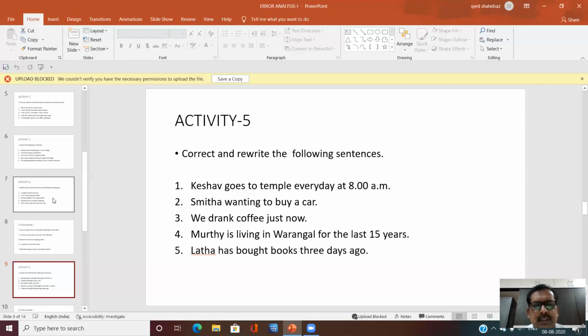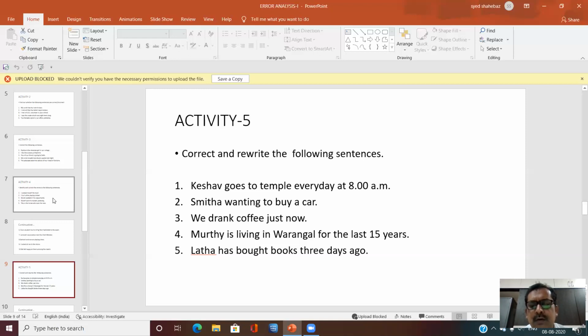Fifth sentence. Lata has bought books 3 days ago. This sentence is in the present perfect tense. Actually, it has to be in the simple past tense. Lata bought books 3 days ago, because the time of the completion of the action is mentioned in the phrase 3 days ago.